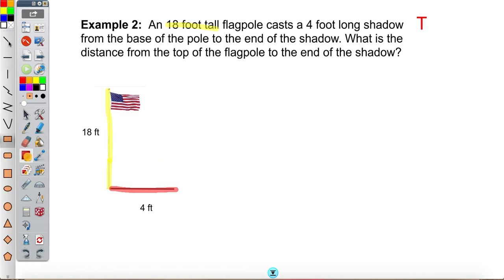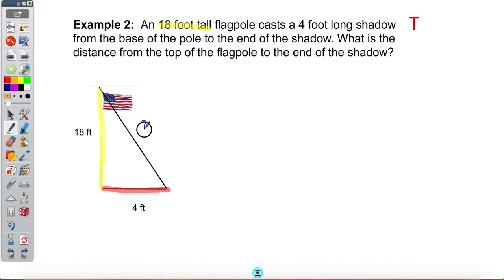Let's try this actually. Alright, put a question mark in there. So again, if I locate my right angle, that's where the flagpole meets the ground.